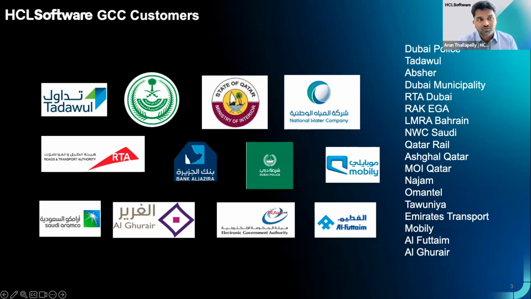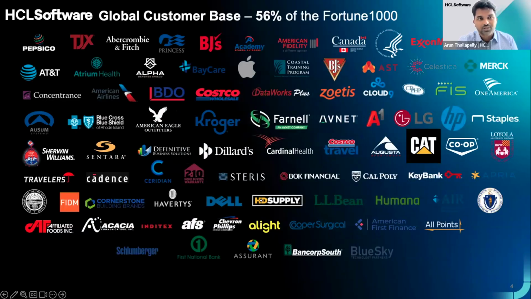Pretty much most of the Ministries of Qatar run on our technology. And our global footprint is second to none. About 56% of the Fortune 1000 companies are technically HCL Software customers. So that gives you a scale of our reach.